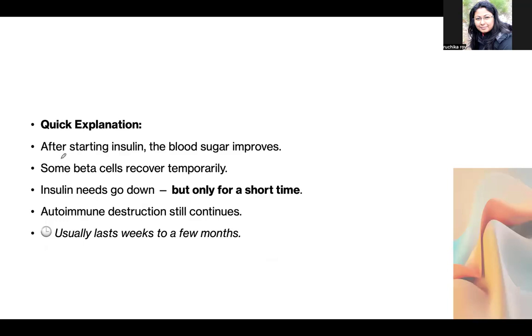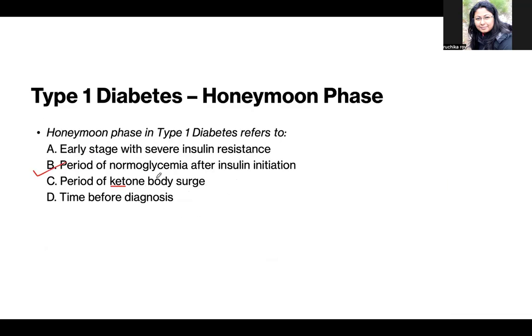If you start insulin, the blood sugar level improves and some damaged beta cells recover temporarily. Afterwards insulin needs go down, but only for a short time, and autoimmune destruction still continues. Remember, the honeymoon phase is sweet and short.